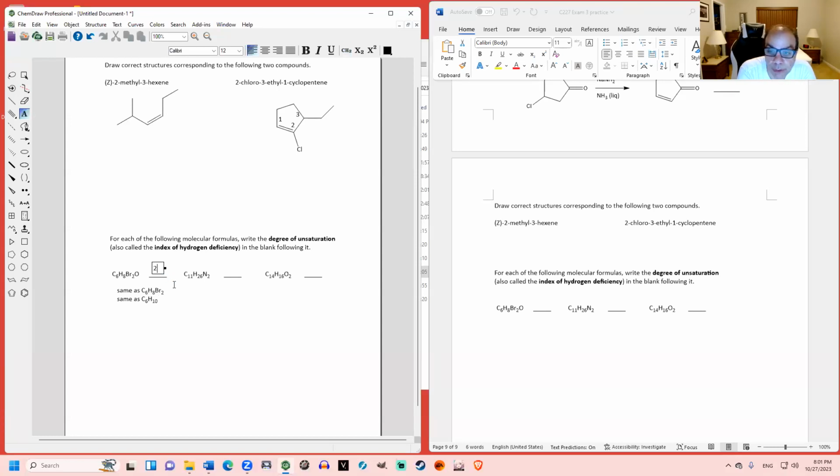That's using the same formula we gave in class. Since there's 2 sets of 2 hydrogens that are taken away, its degree of unsaturation is 2. That means there's 2 pi bonds, a pi bond and a ring, or 2 rings.